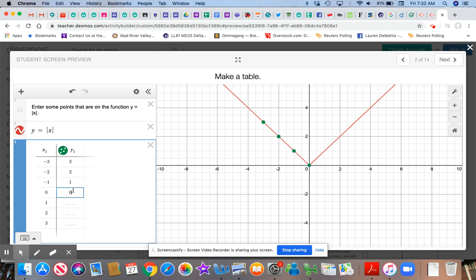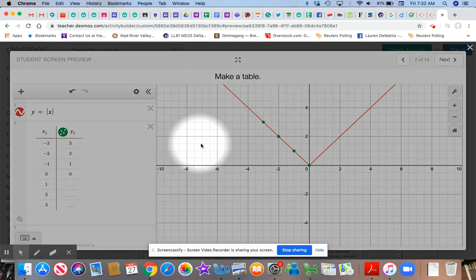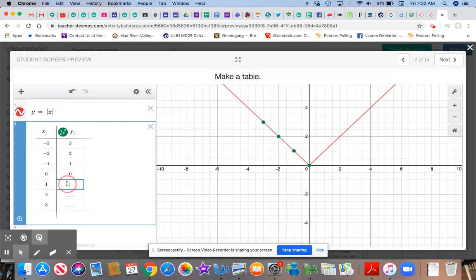And if you notice the green dots over here, they are showing you those points on the plot. Then the absolute value of 1 is still 1 away from 0. It's not negative. And the absolute value of 2 is 2, and the absolute value of 3 is 3.